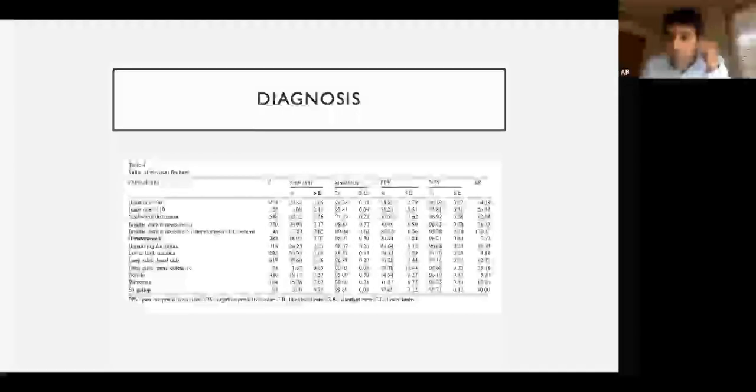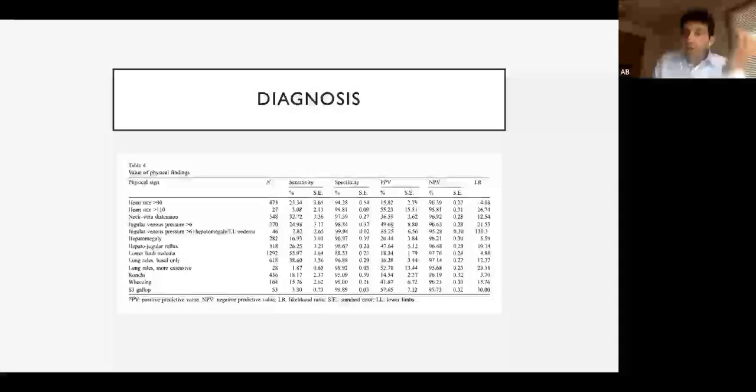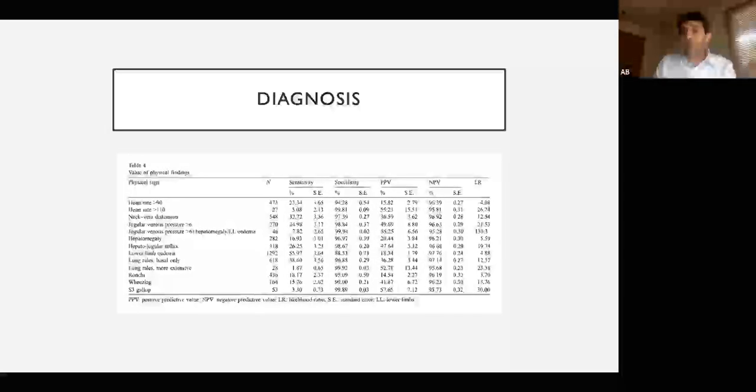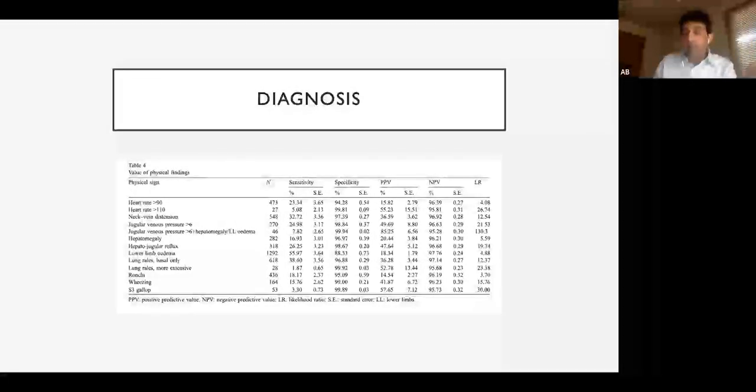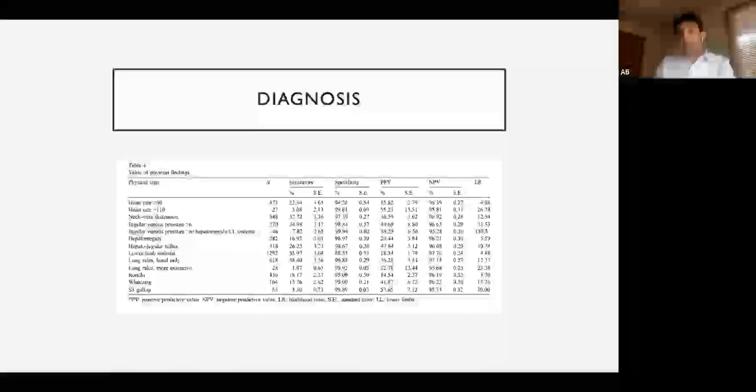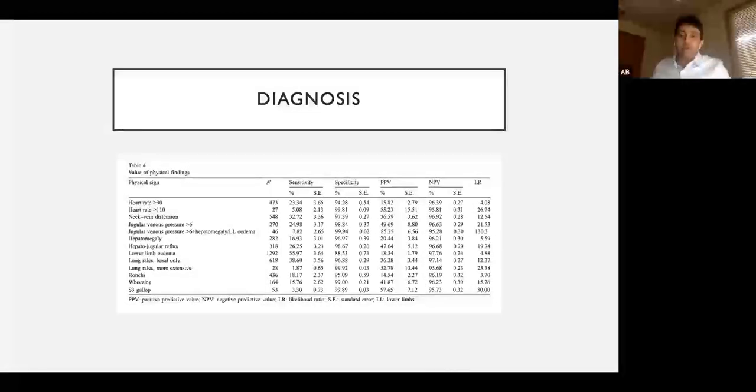The history and physical exam is extremely important, and I'm sure they tell you that in medical school, but that's a fact. You will see that in your life, either when you graduate, if you are a medical student, or if you are already graduated. You just need to spend more time with the patient talking to them.